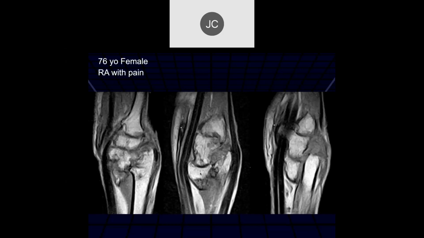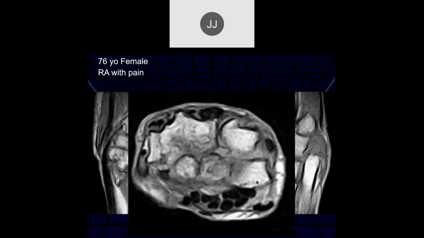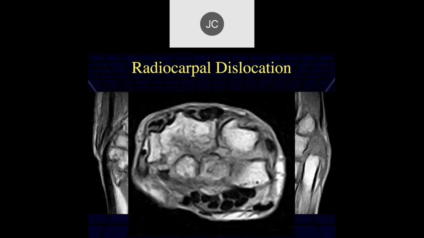After you remove the proximal row, the next thing is fusion to the middle finger with a plate, and that usually is pretty stable. Okay. And here is just a case where we can see on the axial images the carpal bones volar to the radius and the ulna due to the deformity.